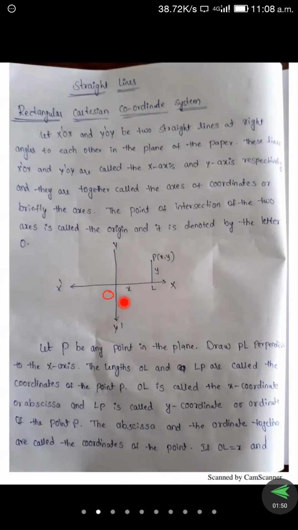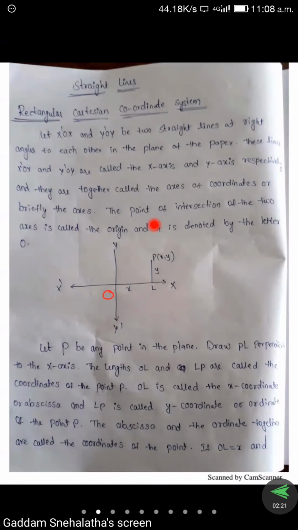And these two are straight lines. These lines X'OX and Y'OY are called the x-axis and y-axis. X'OX is called the x-axis and Y'OY is called the y-axis. Together they are called the coordinates.